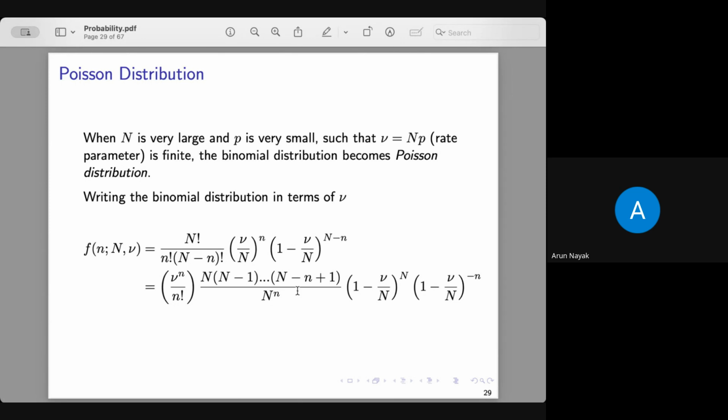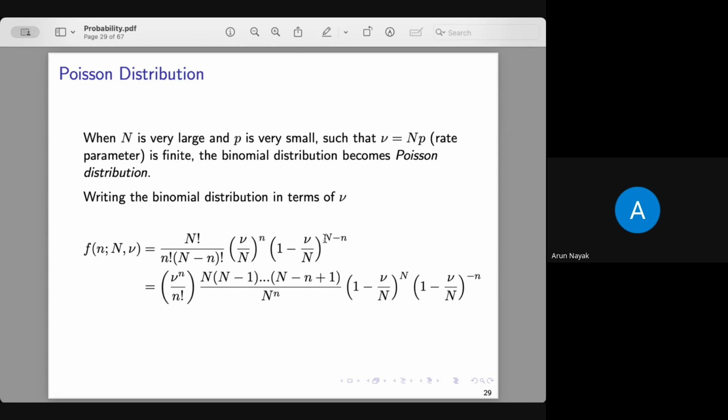If you take out this factor from here, then the remaining factor in the numerator will be N times N minus 1 up to N minus n plus 1, divided by all this N in the denominator, which comes as N to the power n. Then the remaining term is 1 minus nu by N to the power N. I am separating these two terms here.